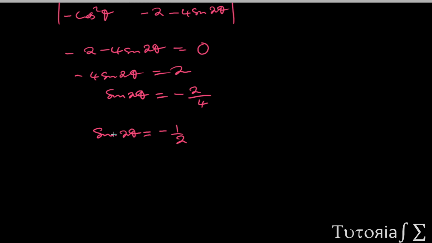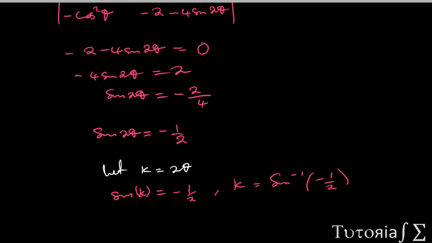So for this one, we'll let k equal to 2 theta, so that sine k will be equals to negative half, and k will be equals to sine inverse of negative half.